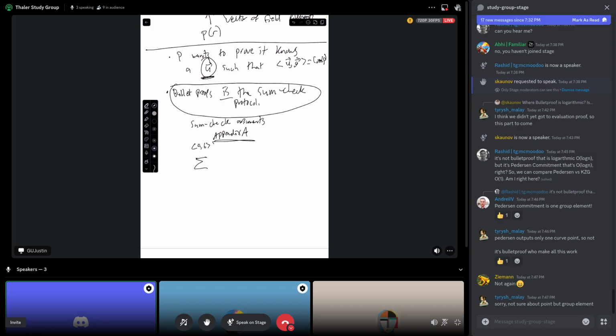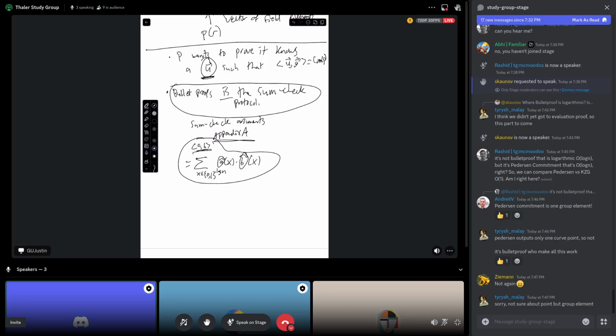To compute the inner product of A and B, you can apply the sum check protocol to the sum over x in {0,1}^(log n), if these are length n vectors, of the multilinear extension of A at x times the multilinear extension of B at x. So this is the simplest, most canonical application of the sum check protocol: you want to compute the inner product of two vectors, and you just apply it to the product of the two multilinear extensions.